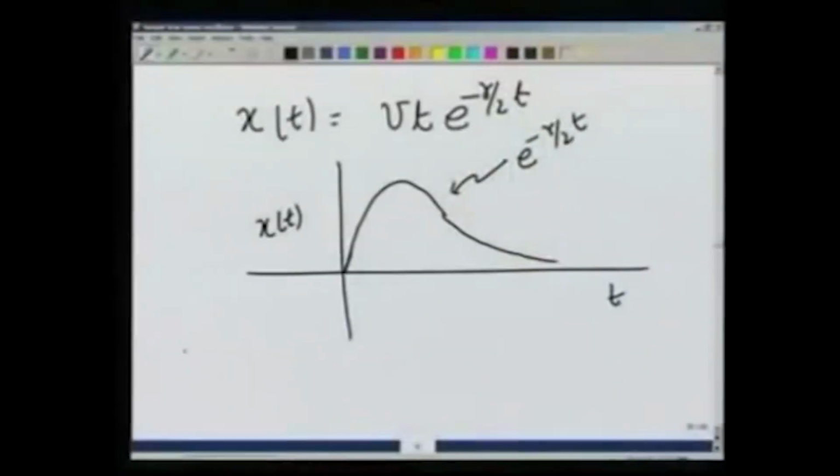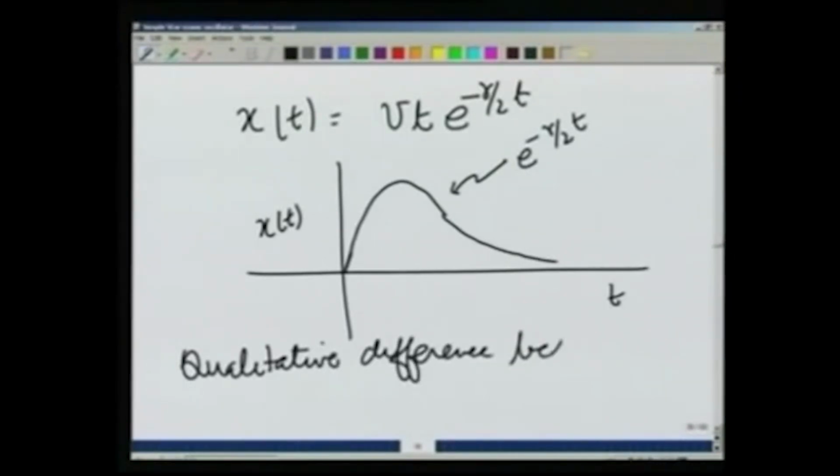I came up to this point because now I want to show you the qualitative difference between heavy and critical damping.